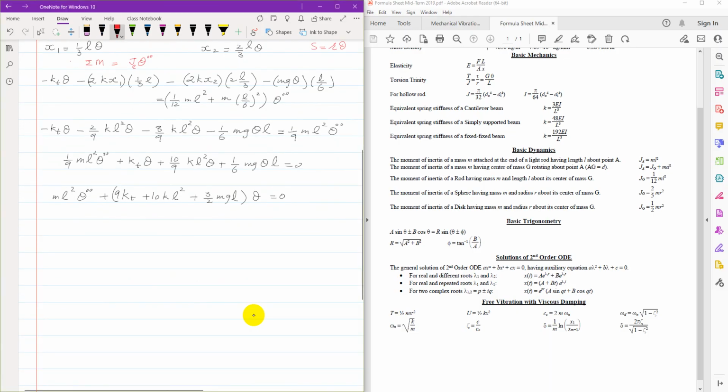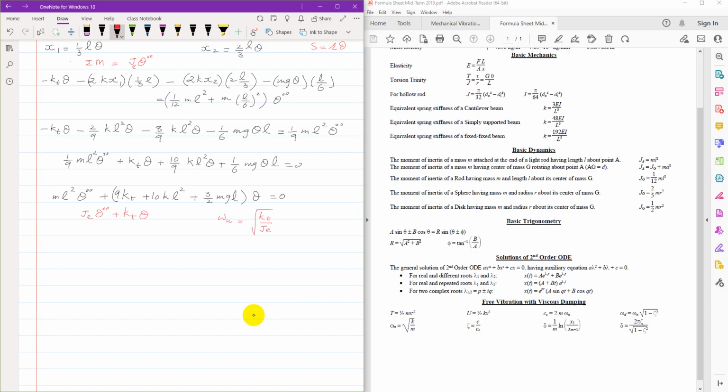And for rotational motion, we have J equivalent theta double dot plus kt theta, and for this type of expression, we have omega n squared equal to kt over J equivalent.